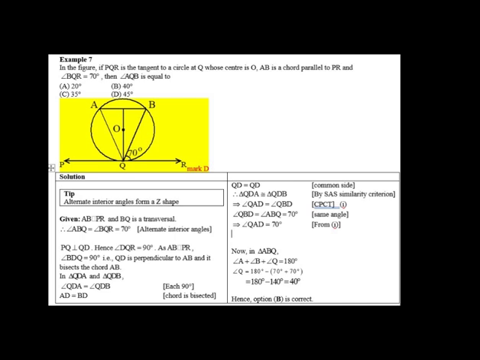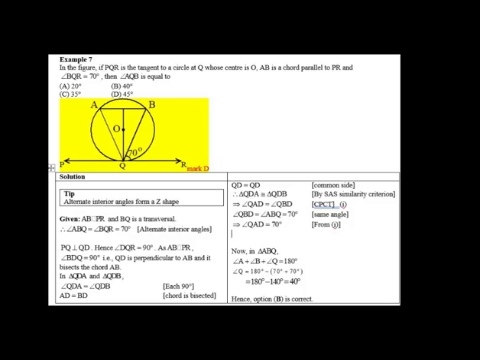PQ is perpendicular to QD, hence angle DQR is equal to 90 degree. Since AB is parallel to PR and angle BDQ is equal to 90 degree, QD is perpendicular to AB and it bisects the chord AB. That is AD is equal to BD.